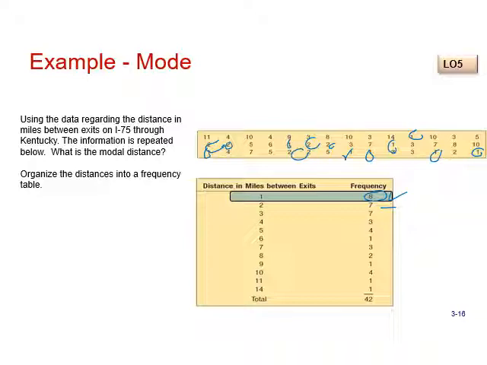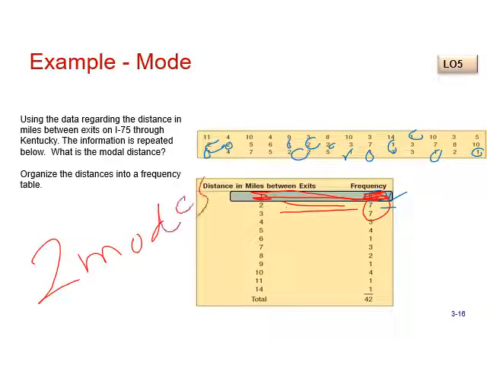We can have two modes. For example, let's imagine that 2 is repeated 7 times and 3 is repeated 7 times. This means the most frequent has 2 values, so in this case we have 2 modes.